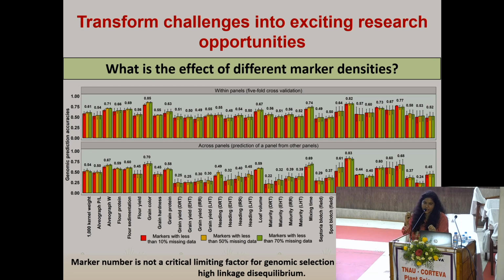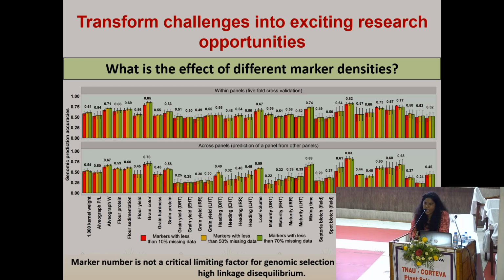And as you can see here, I'm showing you within-panel and across-panel prediction. The three bars here: the red is markers with less than 10% missing data, which is close to 1,000. The yellow is about 9,000 markers, and the green is about 16,000 markers. And what we see consistently for all traits is that the number of markers is not a critical limiting factor for genomic selection.